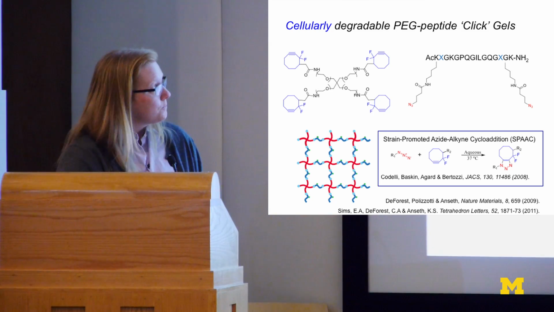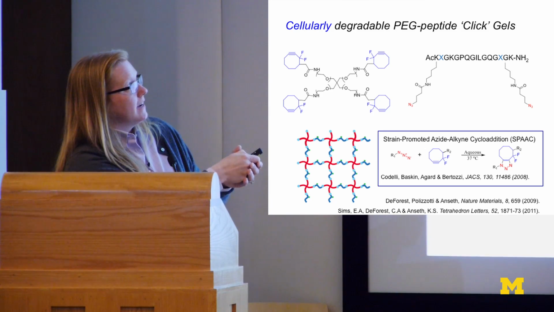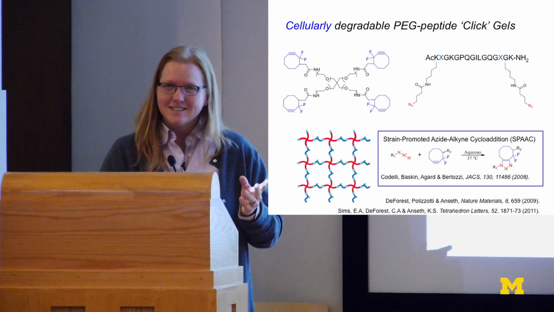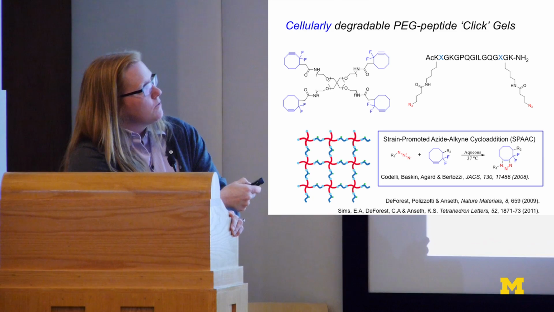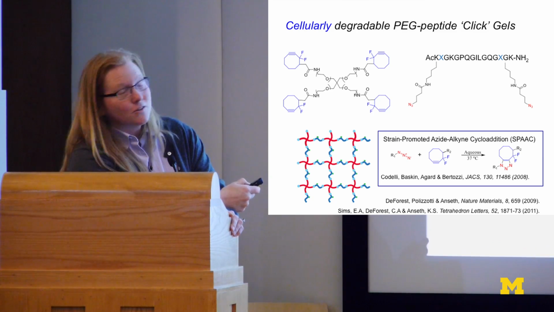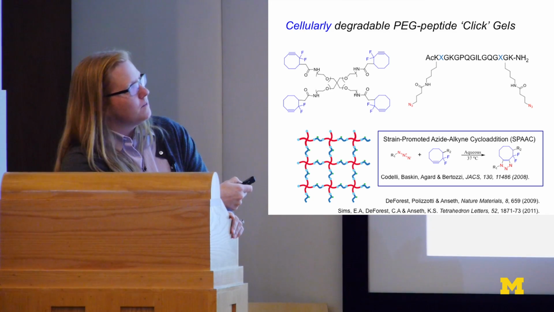So we made molecules with this cyclooctane that's difluorinated, and I'll tell you it's a very, very difficult synthesis. It required lots of effort, and right now you can use lots of other more easily accessible click chemistries, but when we began our work, this was one of the few that was cytocompatible.